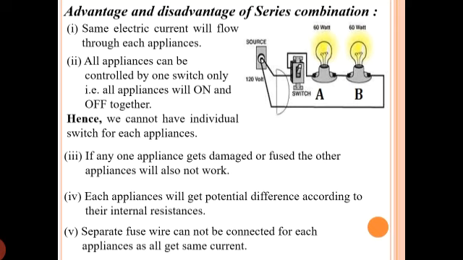So overall, if you compare all the points, we have mostly disadvantages in series, and that is why we go for parallel. You'll see in parallel almost everything is opposite. So let's see.